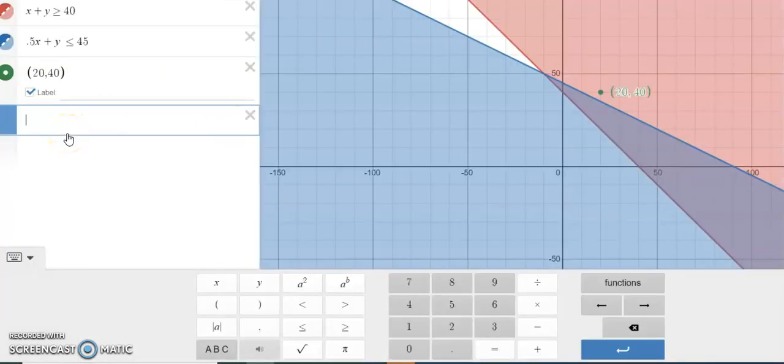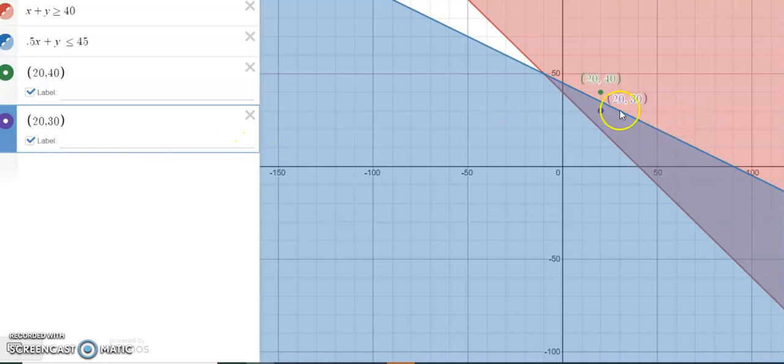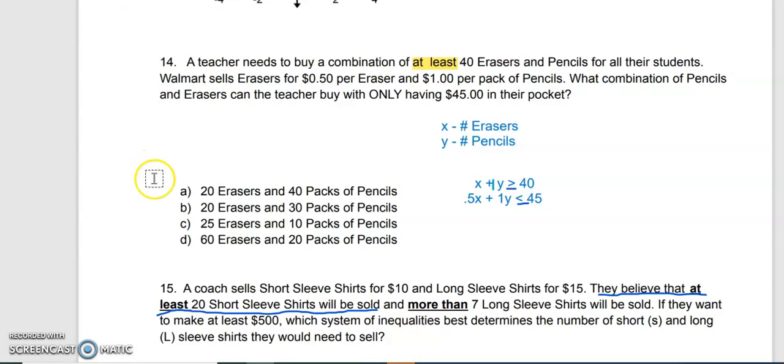So that would be 20, 30. And that is right in the purple section, so that's in the overlapping shaded region, so I know that's going to be a solution for both of the inequalities. So the correct answer will be B.